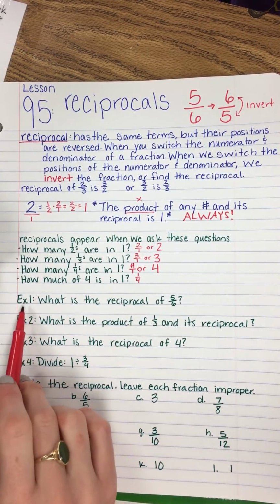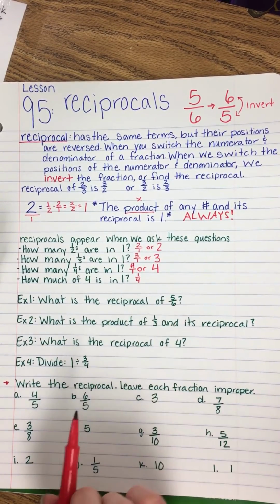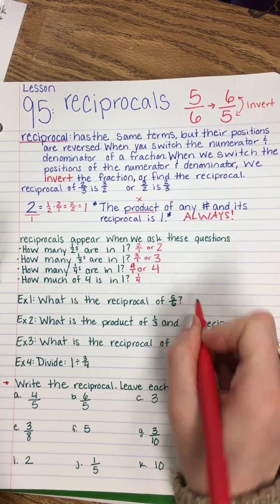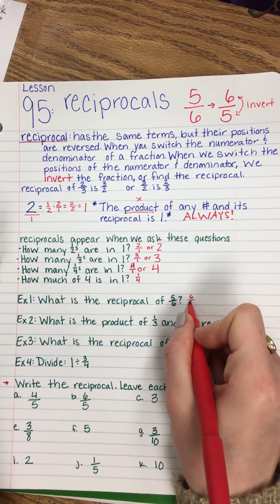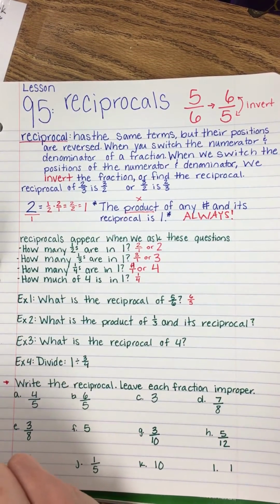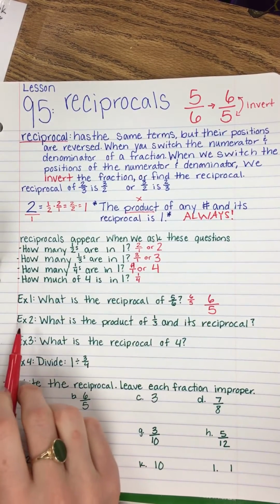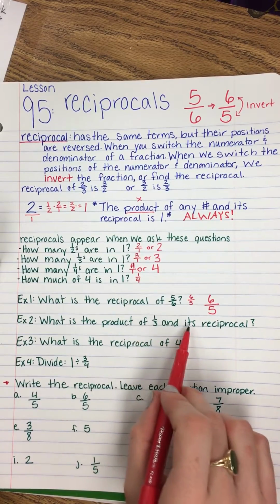All right. Example 1. What is the reciprocal of 5/6? Ooh, look familiar? 5/6, we're going to invert these numbers and get 6/5. Am I writing these too small? 6/5. I'm sorry. Number 2, what is the product of 1/3 and its reciprocal?